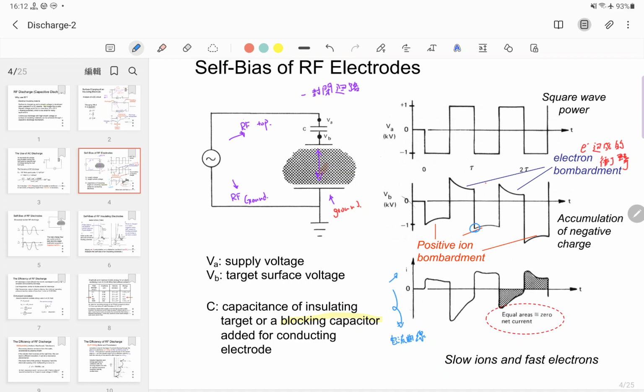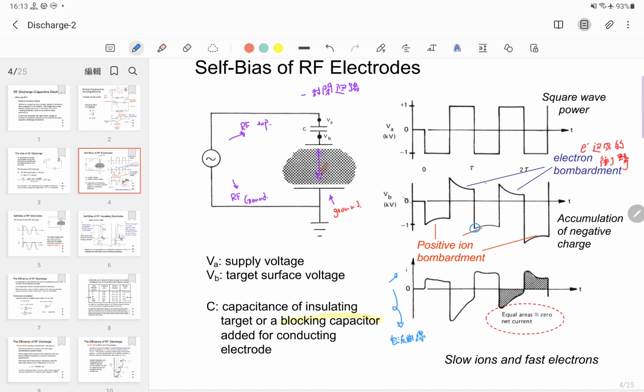In industry, most RF power supplies use a sinusoidal form, so the output voltage follows a sine wave rather than a pulsed DC type.